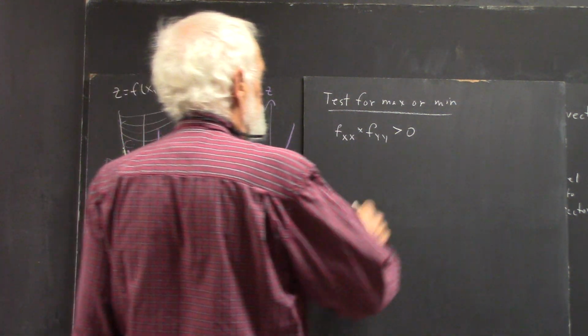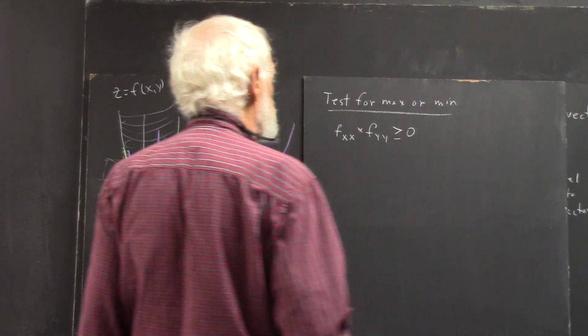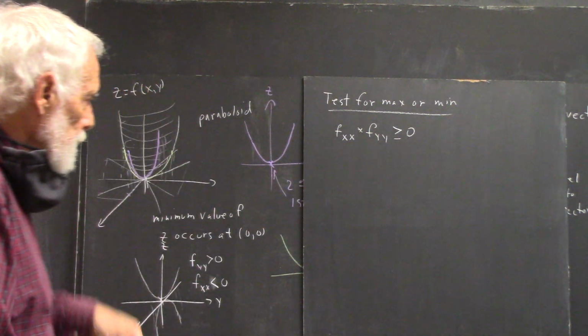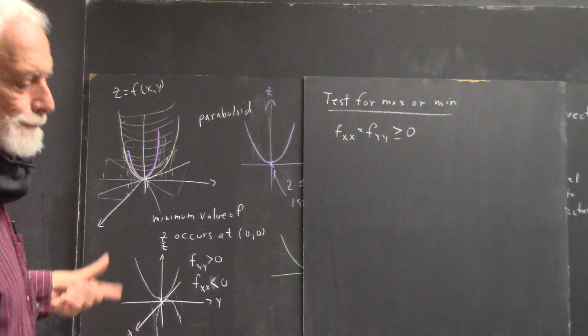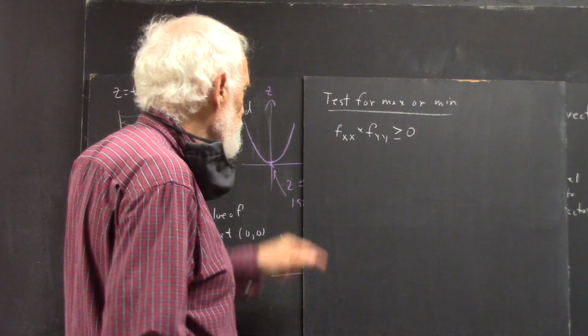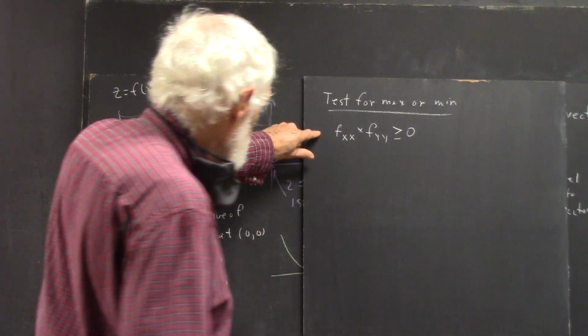Actually, greater than or equal to 0, because one of these could be 0 and you still have a minimum point. You'd have more than one, but that's okay.